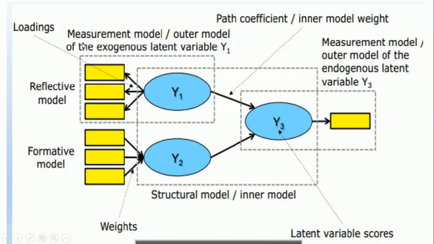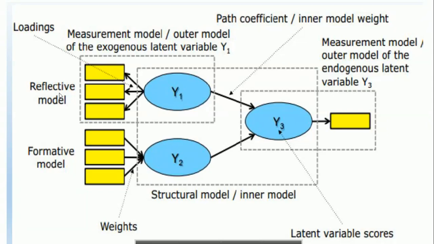As we can see here, in a reflective model the arrow goes from the construct toward the indicator, while in the formative model the arrow goes from the indicators toward the construct. So what is the difference between the reflective model and the formative model?